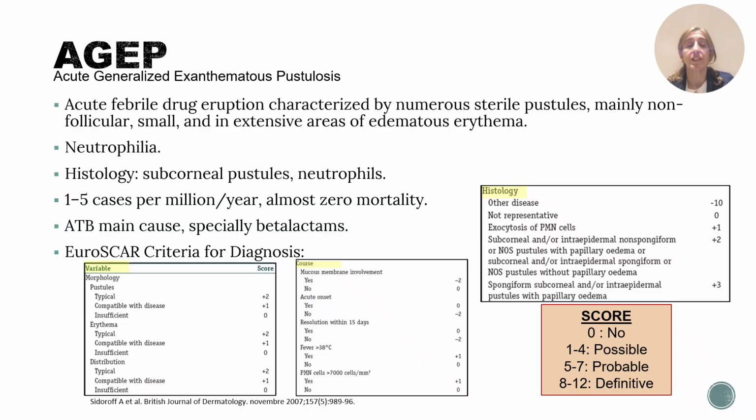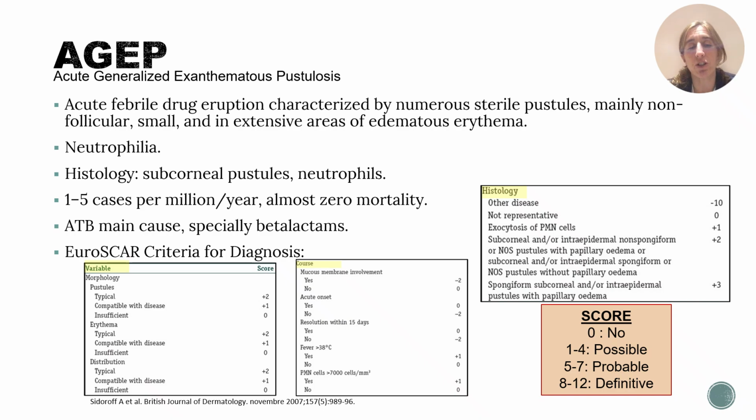And if we move a step forward to acute generalized exanthematous pustulosis, this is the third type of SCARs that we are going through today. It's an acute febrile drug eruption characterized by numerous sterile pustules, mainly non-follicular and small, in extensive areas of edematous erythema. Neutrophilia is also observed.